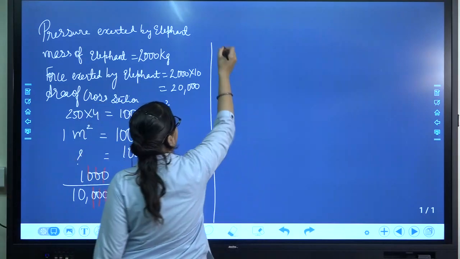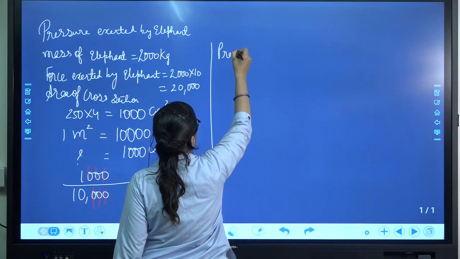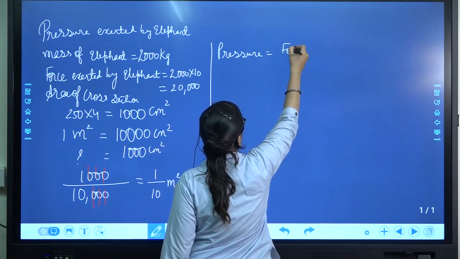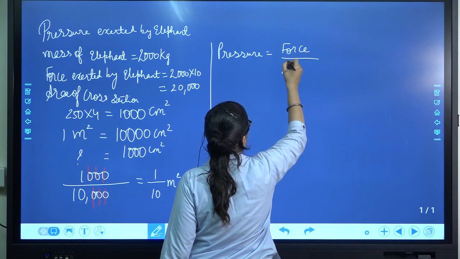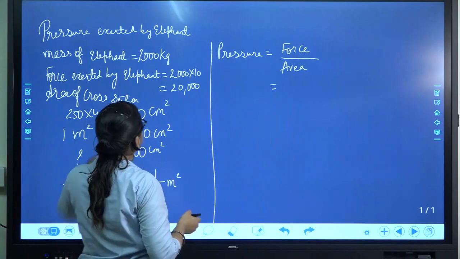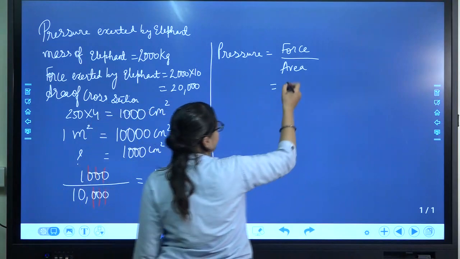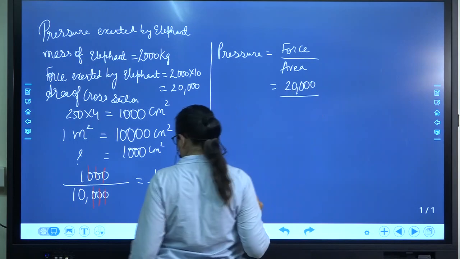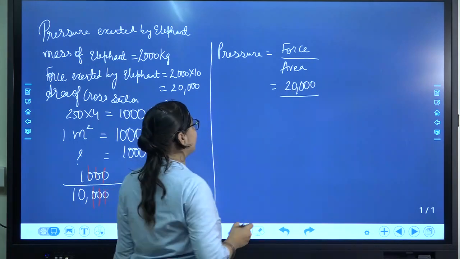Now next, pressure. What is pressure equal to? Force upon area. What is the force? 20,000 Newton. What is the area? 1 upon 10.